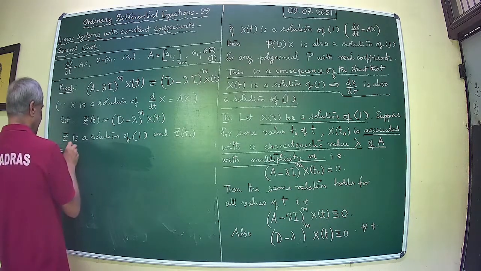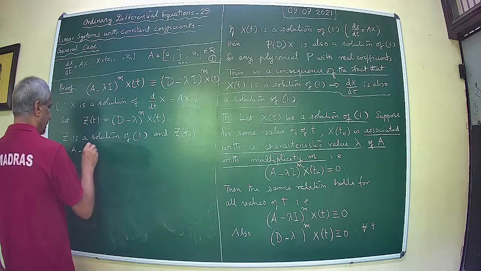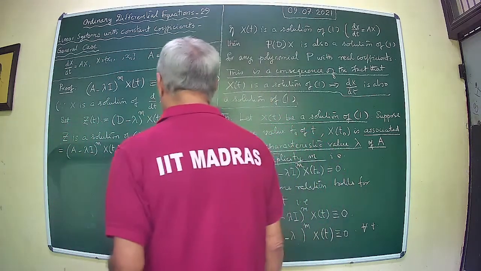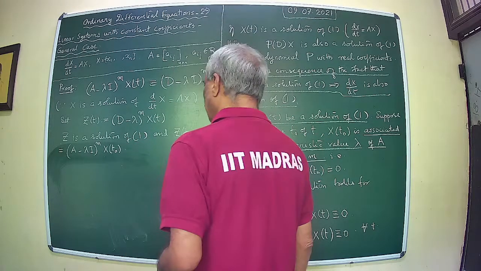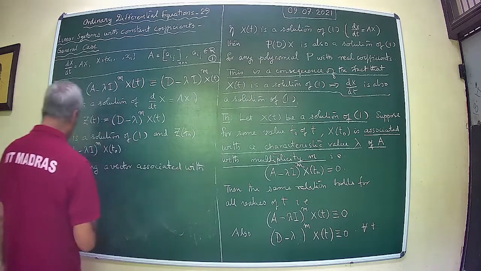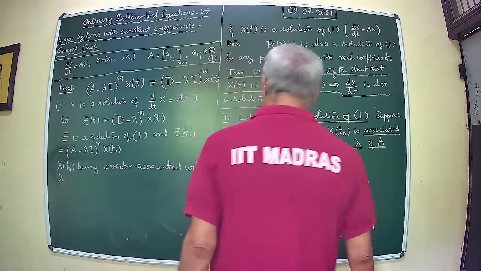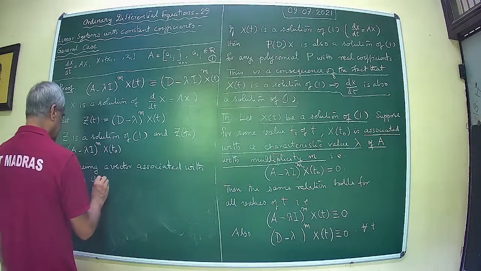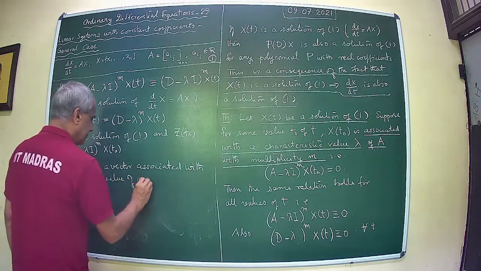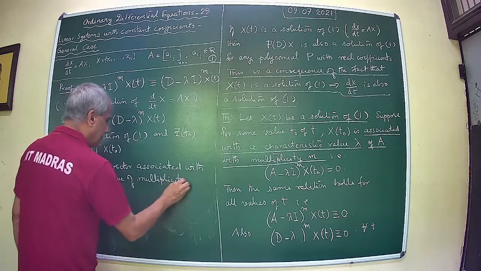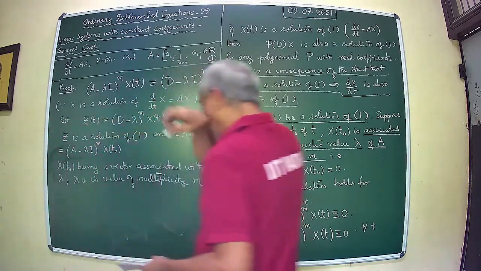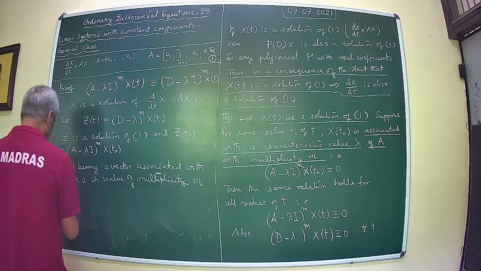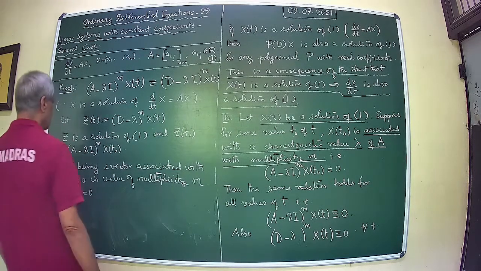this is equal to a minus lambda I, and this, you know, x t naught being lambda, where lambda a characteristic value of multiplicity, it simply follows that equal to 0.